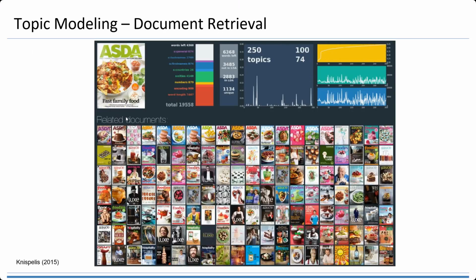The other kind of topic modeling, we can look at is document retrieval. For example, you have a lot of magazines, and every magazine has its own subtopics.